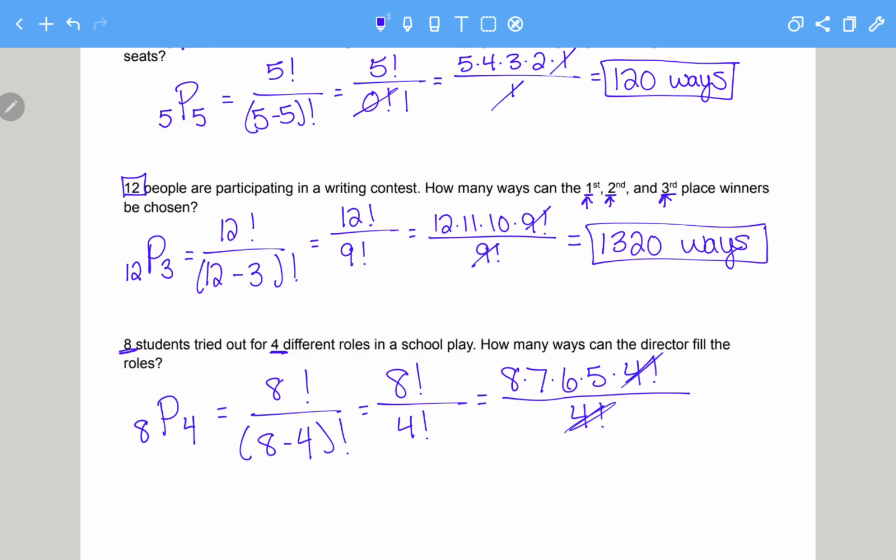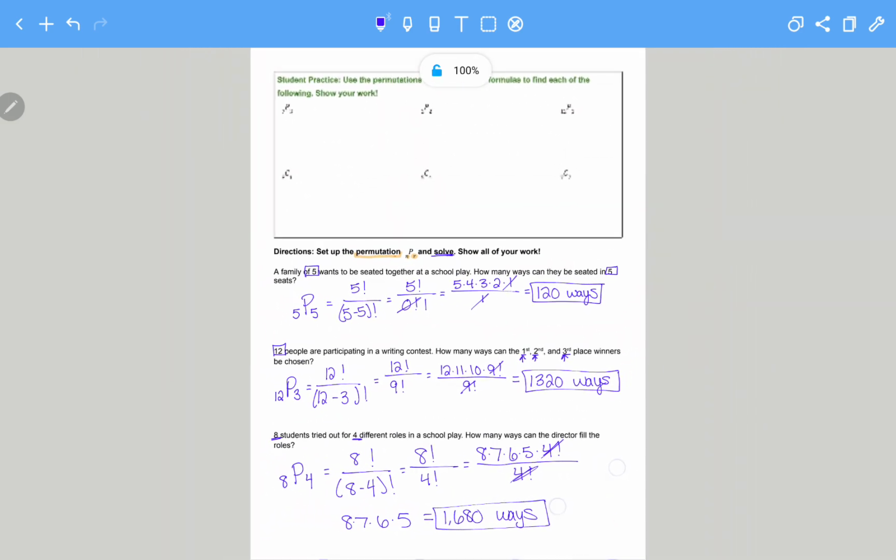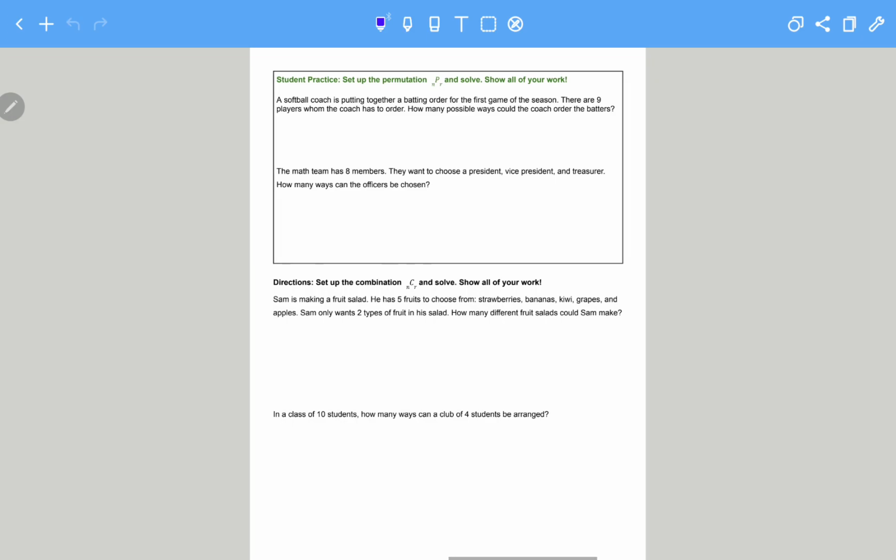Cross off that 4 factorial and then go ahead and solve that top. 8 times 7 times 6 times 5. Again, I'm using my calculator because I don't know that. It is 1,680 ways that the director can fill the roles. Okay. Now those are your permutations. Remember, order matters. You have some practice problems like that.